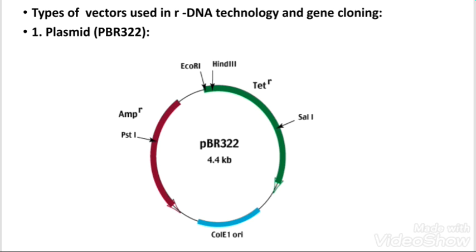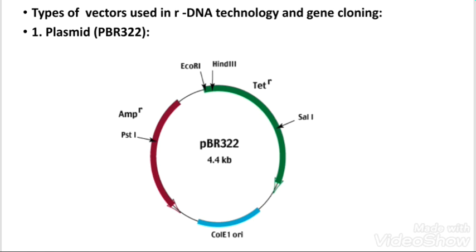So there are plasmid types of the vectors used in rDNA technology, gene cloning. This plasmid is called an artificial plasmid, pBR322. There are two artificial plasmids.